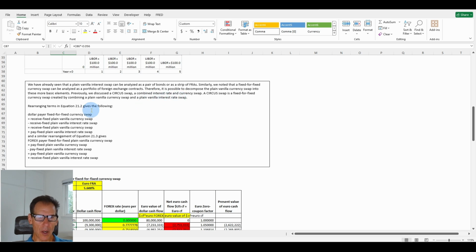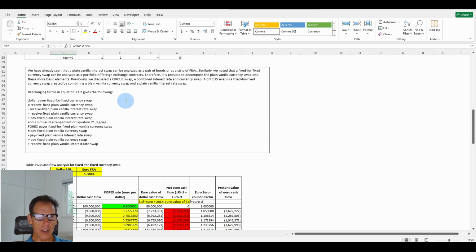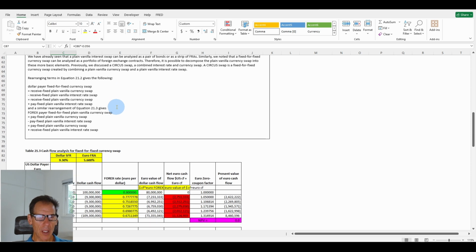That's the difference here. So rearranging terms in equation 21.2 gives the following. Dollar pair fixed for fixed currency swap equals receive fixed plain vanilla currency swap minus receive fixed plain vanilla interest rate swap, which equals receive fixed plain vanilla currency swap plus pay fixed plain vanilla interest rate swap.